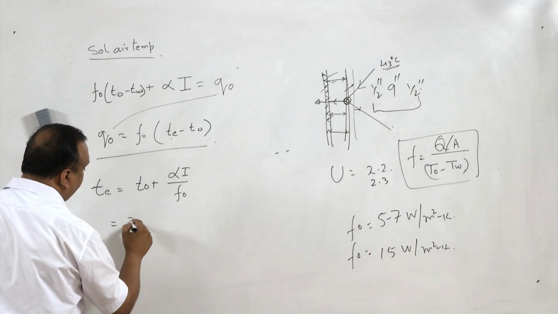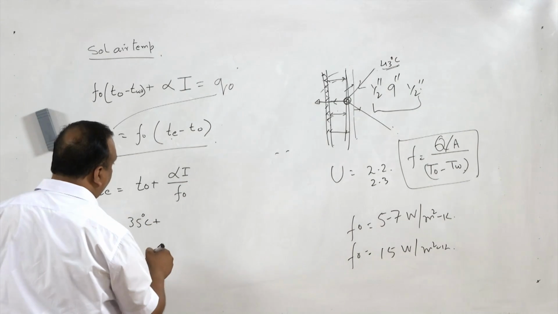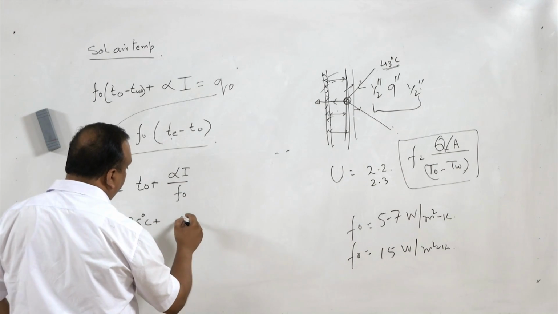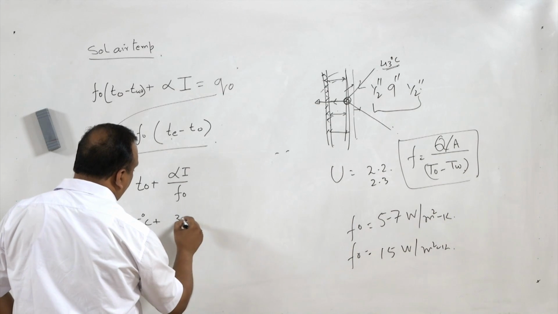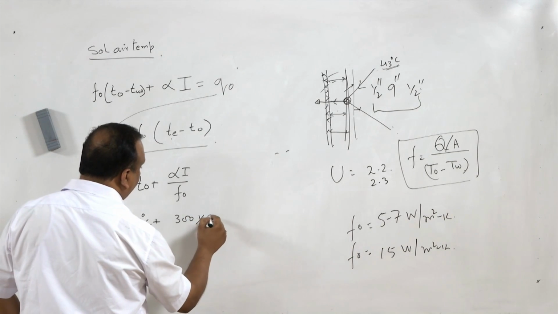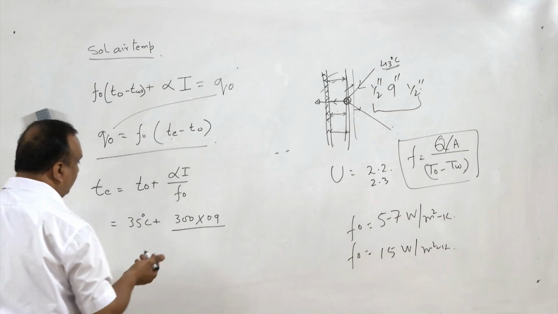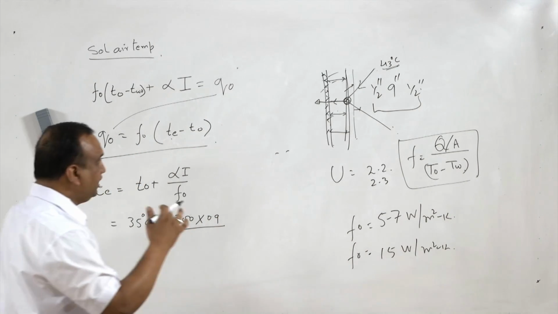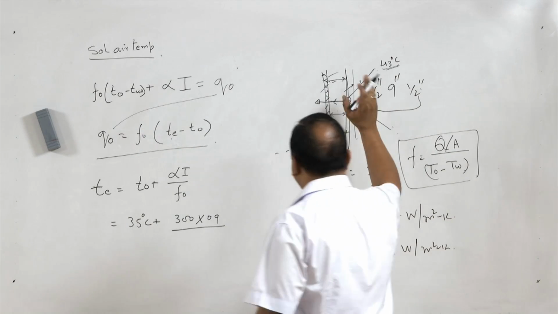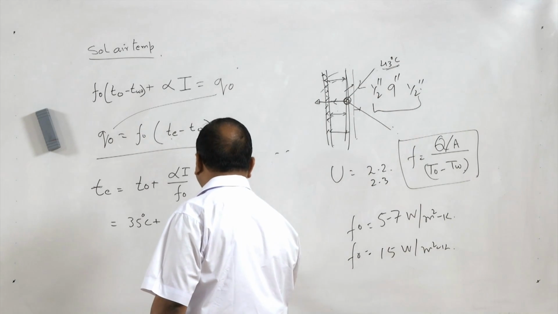Suppose the outside temperature is 35 degrees centigrade, radiation falling, let us say, 300 watts per meter square multiplied by 0.9, this is absorption, 90% of the radiation is absorbed. Film coefficient, suppose air is flowing over the external wall, then the value of Fo is 20.